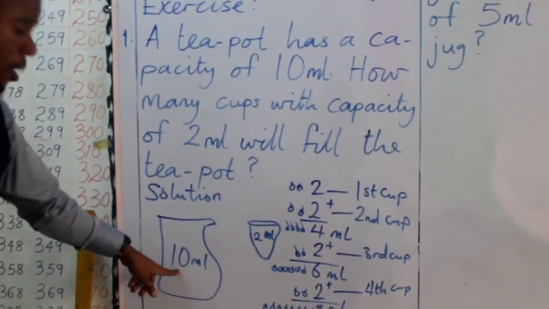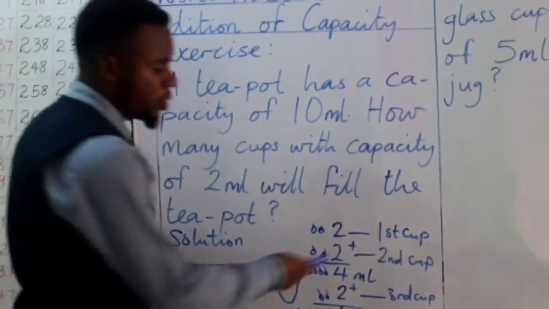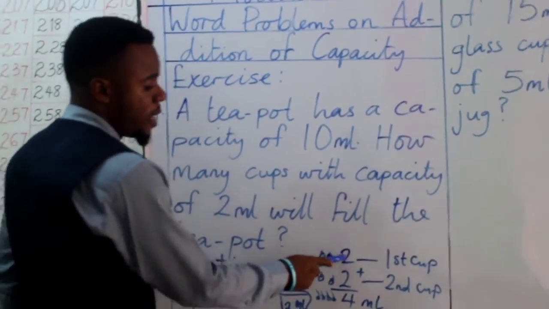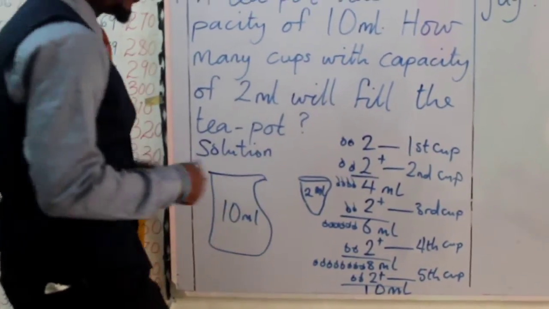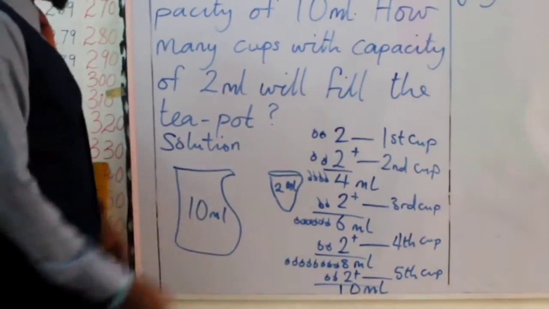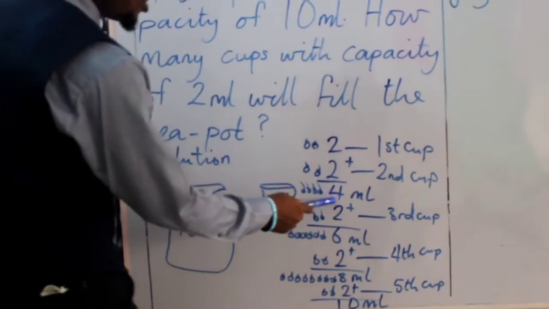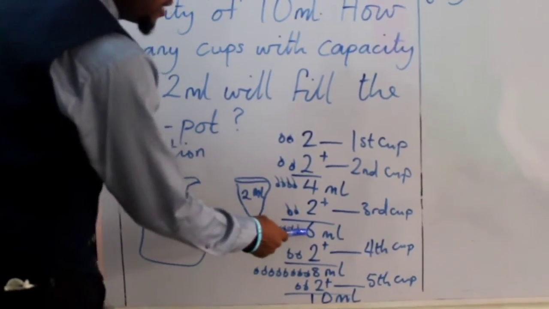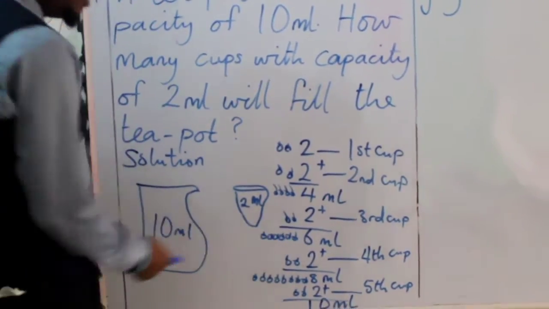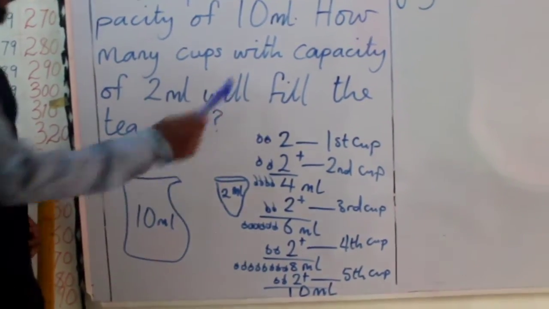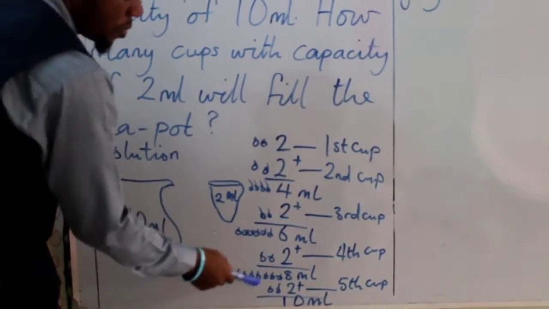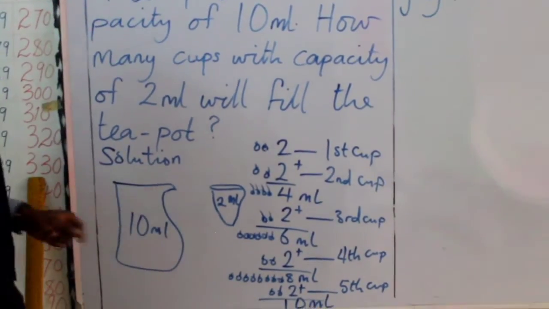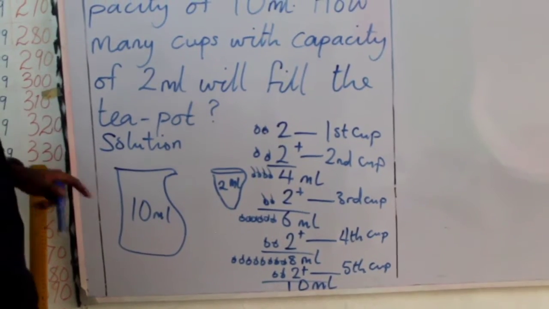Remember, the first cup, 2 milliliters plus 2 milliliters, gave us 4 milliliters. It's not up to 10. So we add another 2 milliliters, which is 6 milliliters. It's not up to 10. We added the fourth cup, which is 2 milliliters, and it gave us 8 milliliters. It's not up to 10.